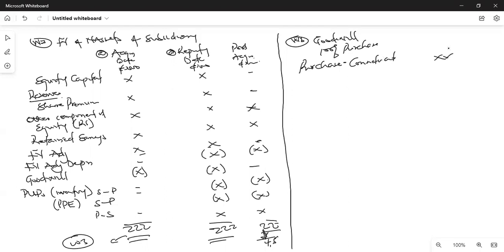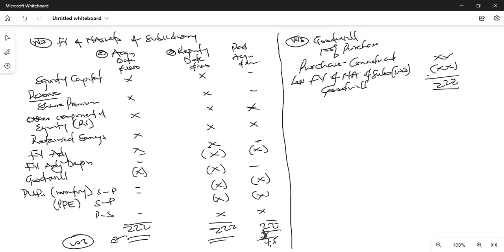You need that, and you have to less what? The fair value of net assets of the subsidiary. Where are you going to get this one from? Remember, it's coming from that's what at acquisition. You less it, and what you get is what we call goodwill.